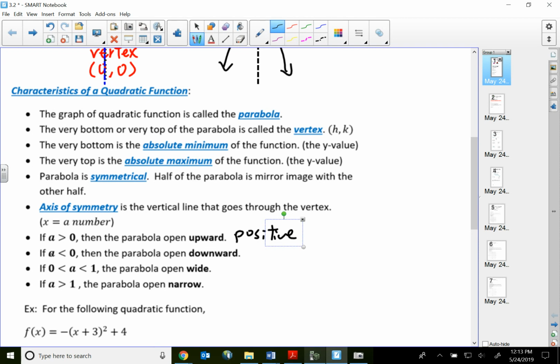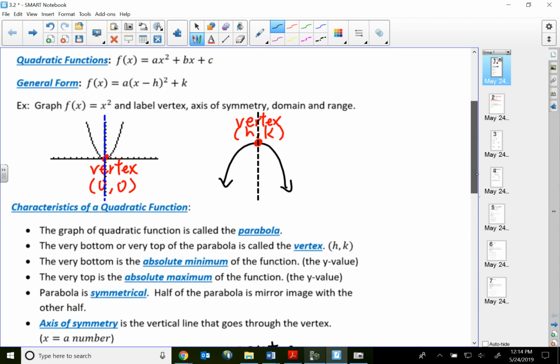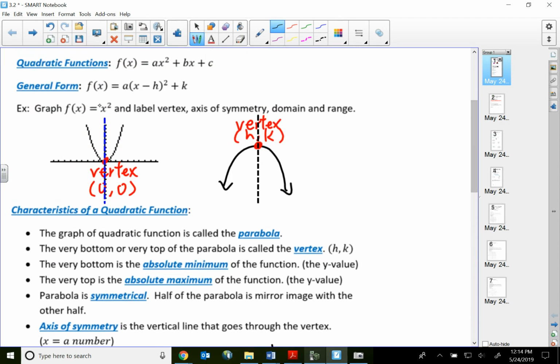If the leading coefficient is negative, less than 0, my parabola will open downward. So just by looking at this 1 x squared, the leading coefficient is positive, so I know my parabola will open up.